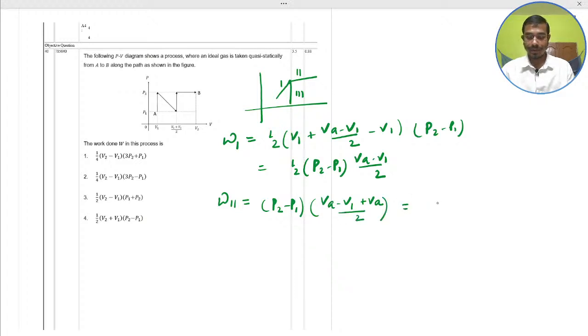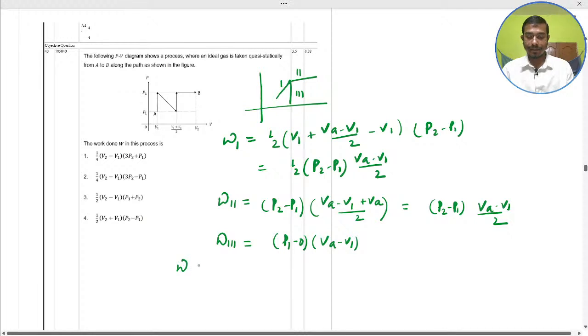This would be P2 minus P1 into VA minus V1 by 2. Next, for path 3, the work done would be P1 minus 0 and VA minus V1. Put this value.